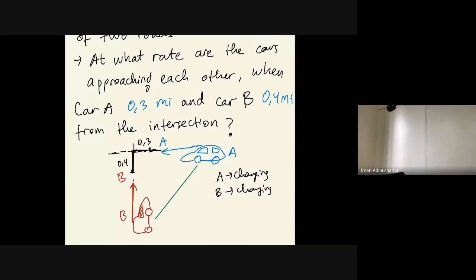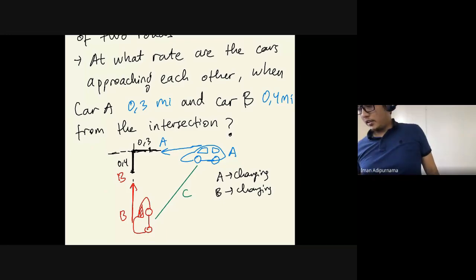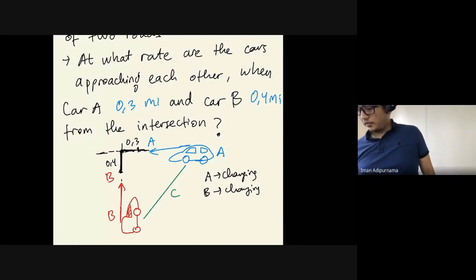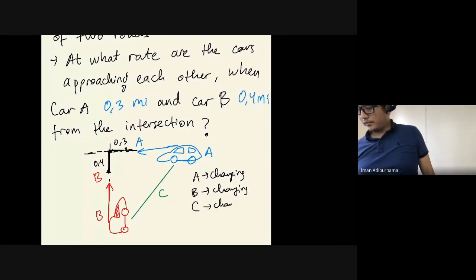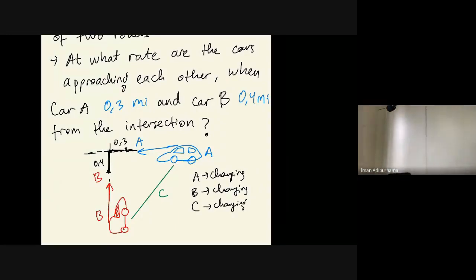This distance is also changing. So for A, B, and maybe you can call this C, this C is also changing. So we can think of this as a triangle.